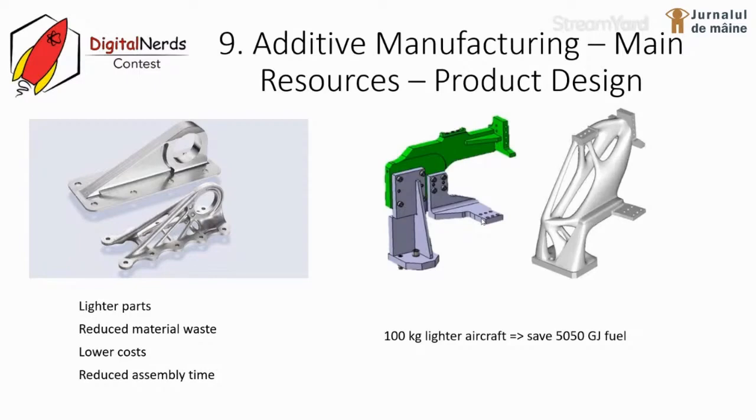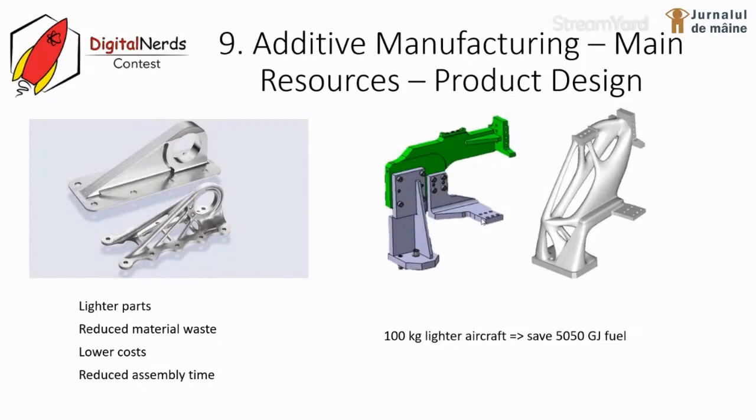In the first image, we have a bracket from the Airbus A350 XWB, and it was the first such part introduced in a serial aircraft, in 2012. And we can see here, I think it is the best comparison, because the upper part is created through conventional technologies, and the other one is obtained through additive manufacturing with the SLS method.